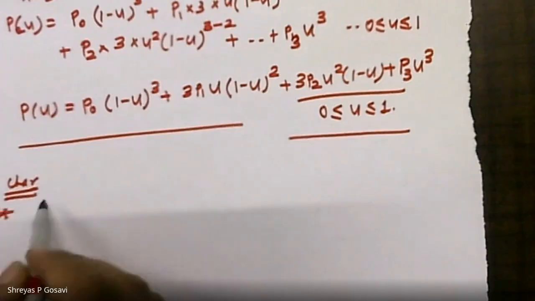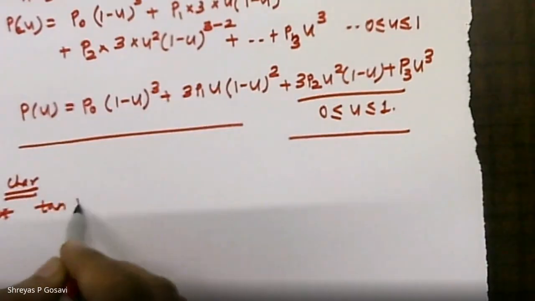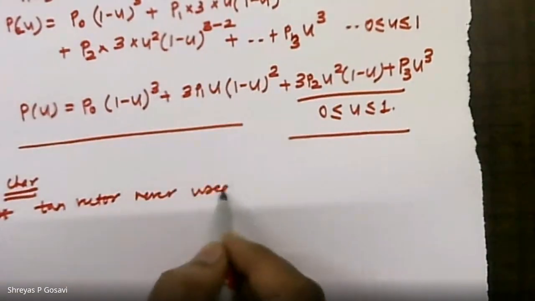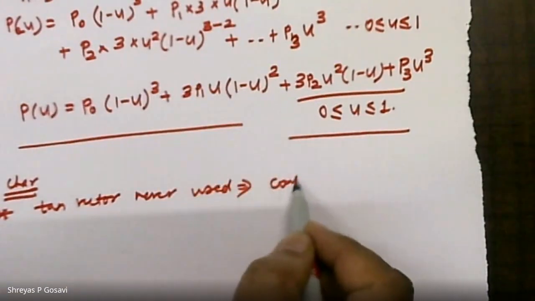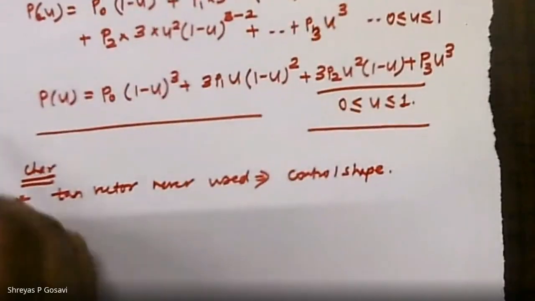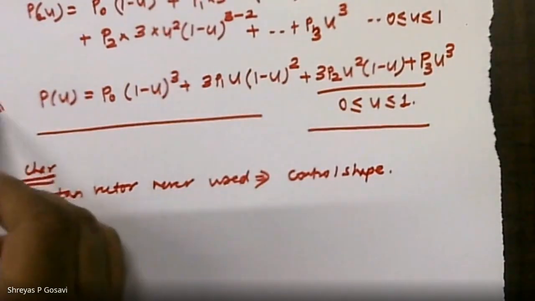Now the characteristic is that it never uses the tangent vector for controlling its shape. The tangent vector is never used to control the shape. If you remember, we had discussed the Hermite cubic spline curve, where these are the two tangent vectors.